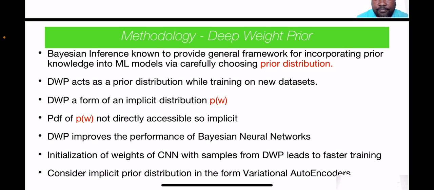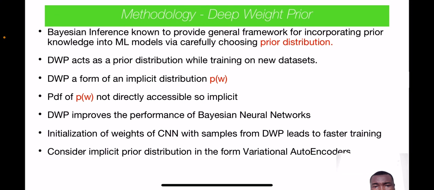As I mentioned, DWP was used implicitly, as a form of implicit distribution. In the end, it improved the performance of the Bayesian neural network by weight initialization.